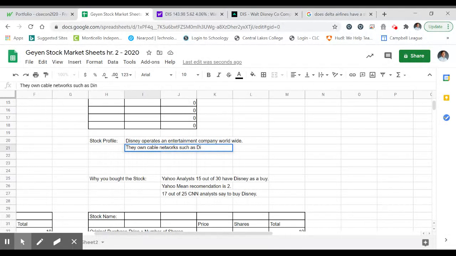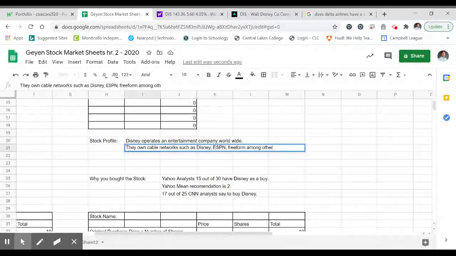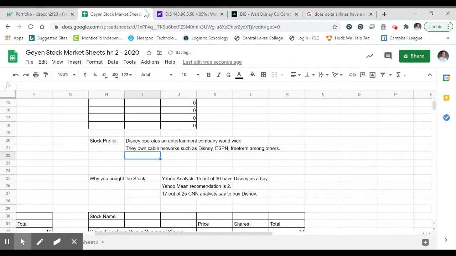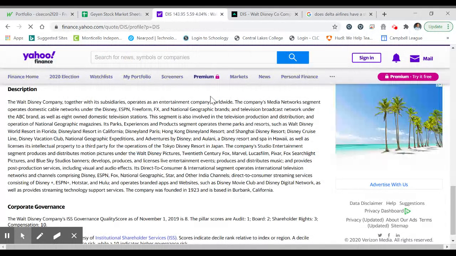And maybe as I read here a little bit more, what else do they do? They got television distribution. It talks about Disney Plus, ESPN Plus. Hulu is part of theirs too. They also have motion pictures. So maybe I just talk about, they also have Disney experiences and resorts.